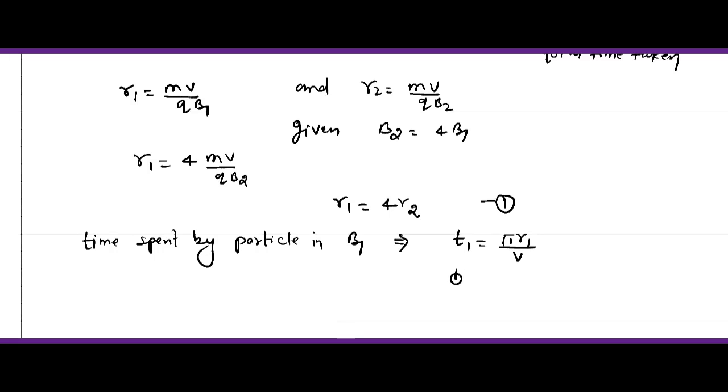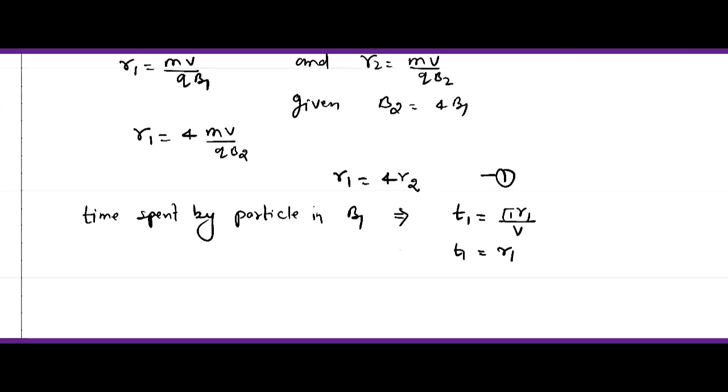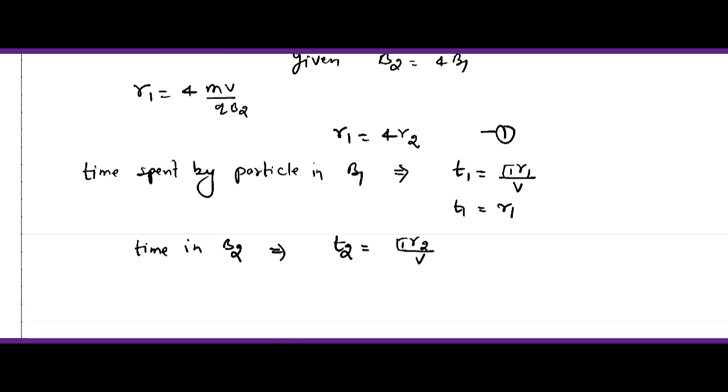So from here T1 will be equal to R1. Similarly, the time spent by particle in magnetic field B2, let's say it is T2, will be equal to pi R2 upon V, the velocity of particle. So from here, T2 will be equal to R2.